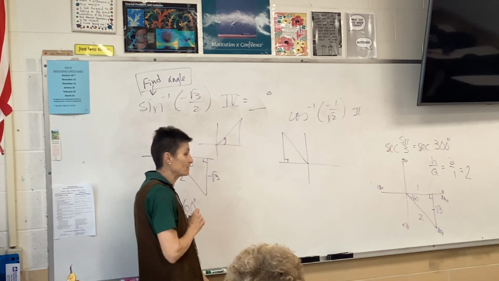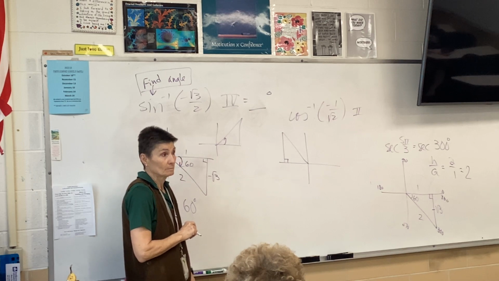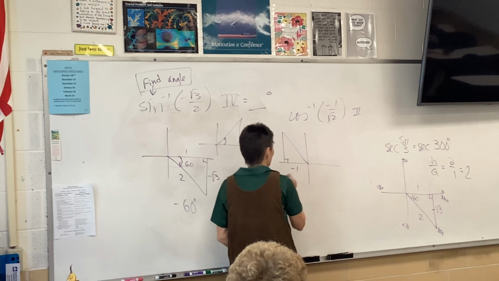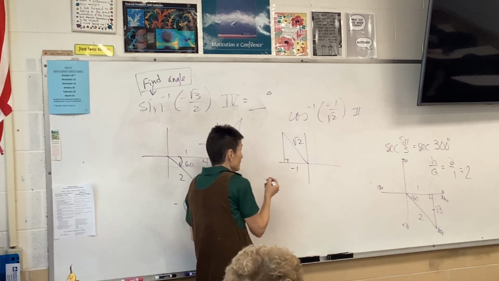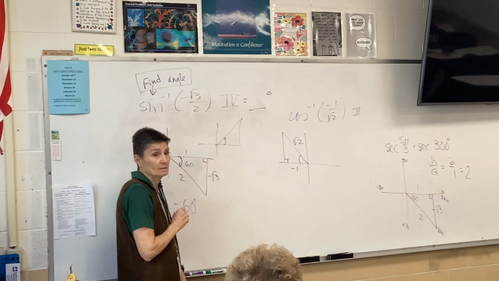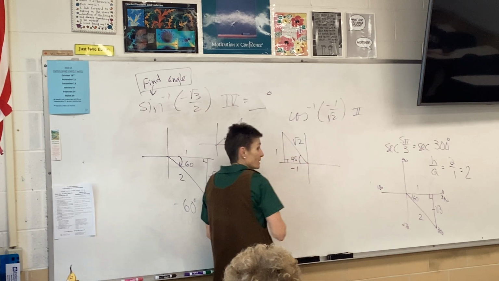What do I know about the triangle? Adjacent is -1 and hypotenuse is √2. Do you recognize that angle right there? Isn't this a 45-degree angle right there?